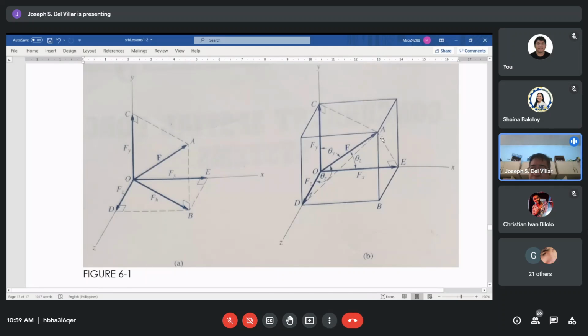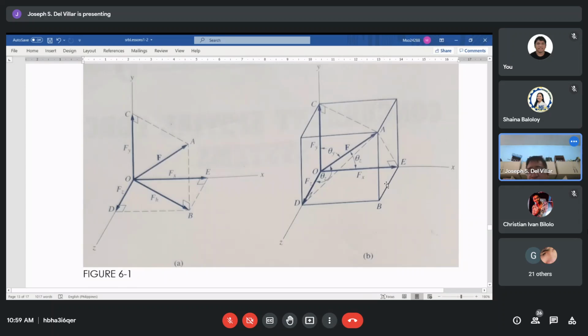So from A, drop a perpendicular line to the positive x-axis. That is the dotted line here, forming a right triangle. What is that right triangle? AEO. That is the right triangle, AEO, with the right angle at E. So this is 90 degrees.